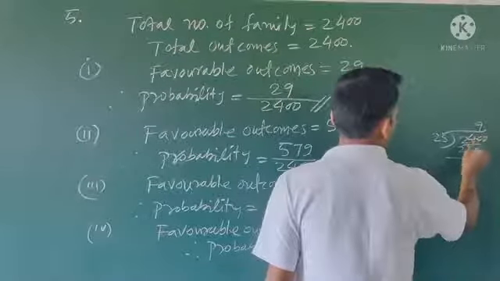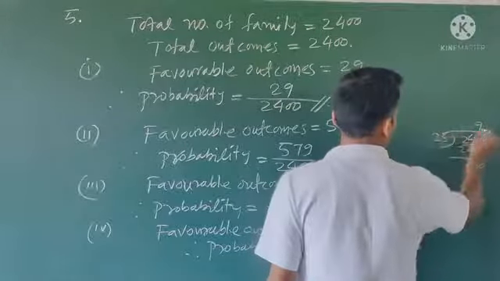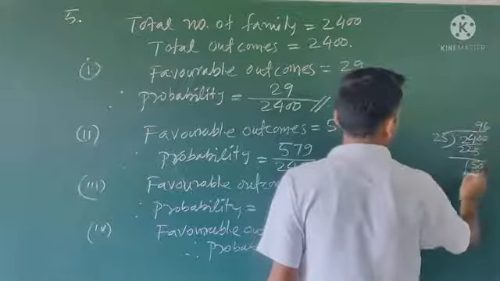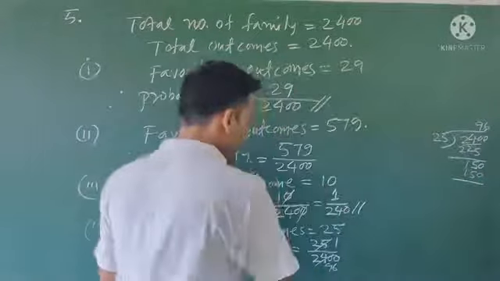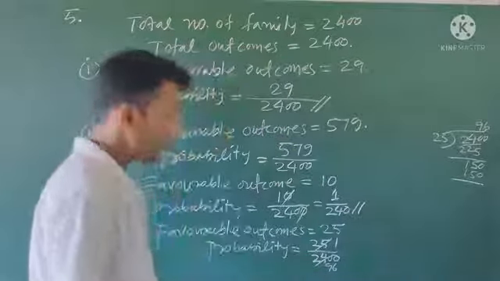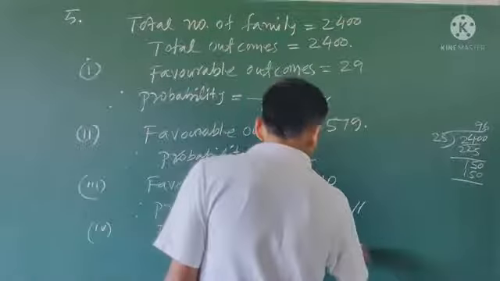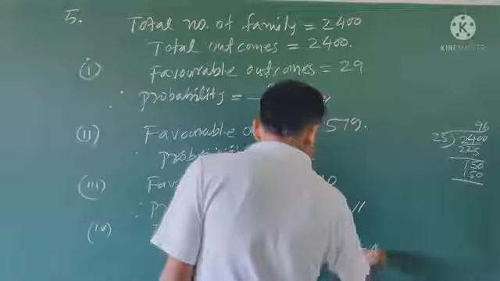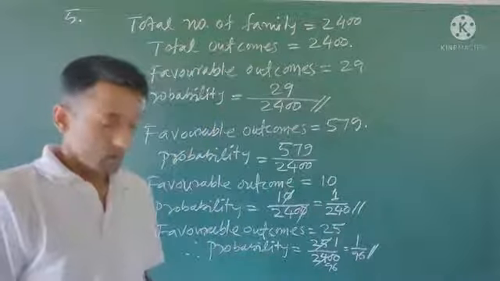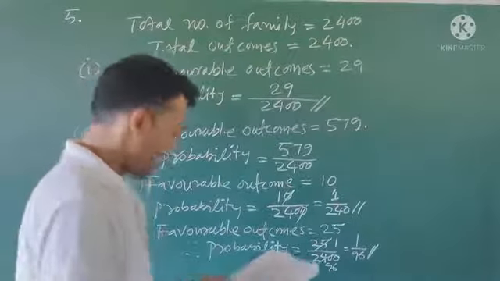Then 3 minus 2 is 1, 150. 25 into 6 is 150. So how much are we getting? 96. So 25 times 96 is 2,400. Therefore probability is how much? 1 by 96.